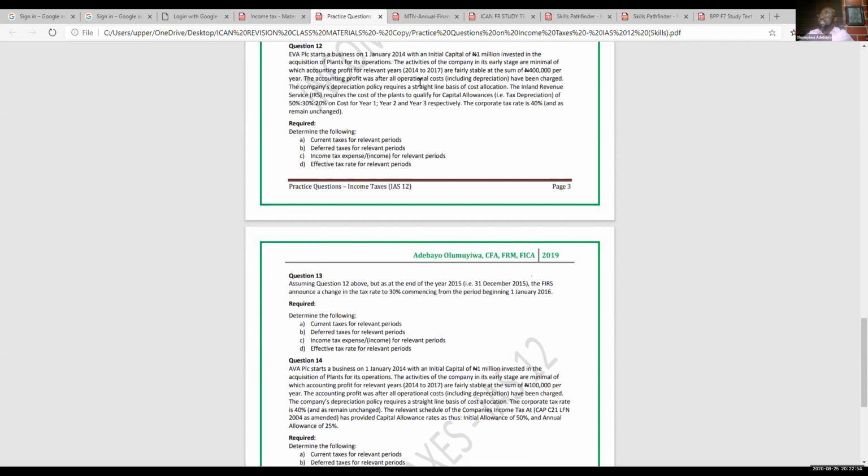Therefore, to attempt to solve the question, we'll start with the first aspect, which is: what is our current tax for the relevant period?